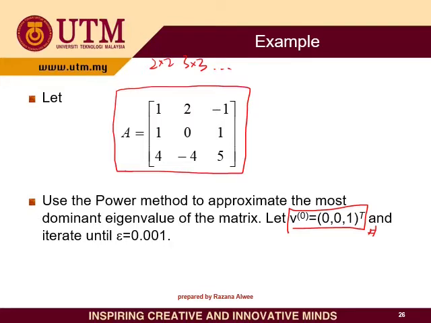And then we also need our error as our stopping criteria. Sometimes they will give this in the form of decimal points, the accuracy. From the number of decimal points they want, you must know what error they want.